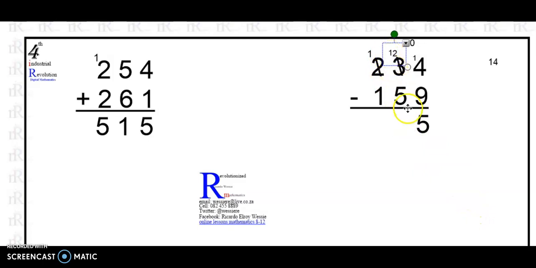So now 12 minus 5 gives me 7. Now 1 minus 1 is 0. So I just have a point to say there's nothing left there. So my answer, if I take 234 and I subtract 159, my answer is 75.